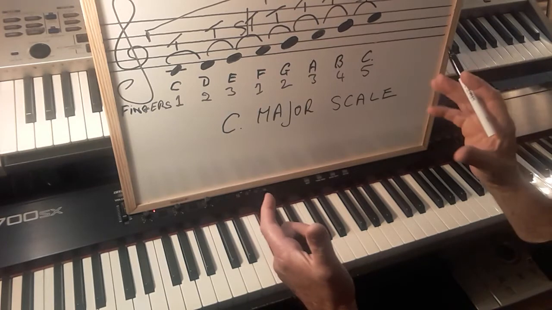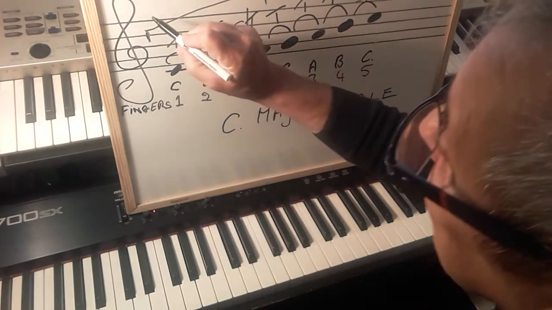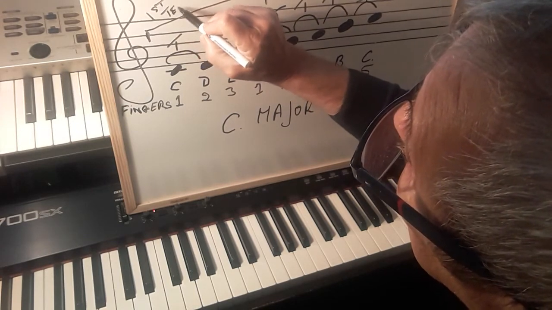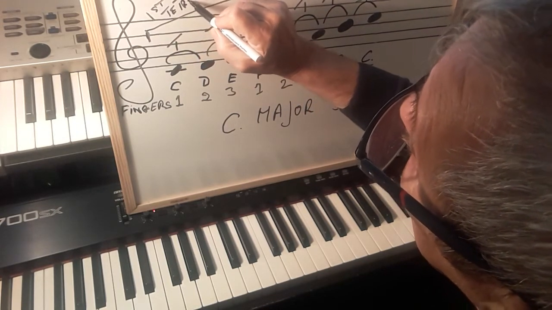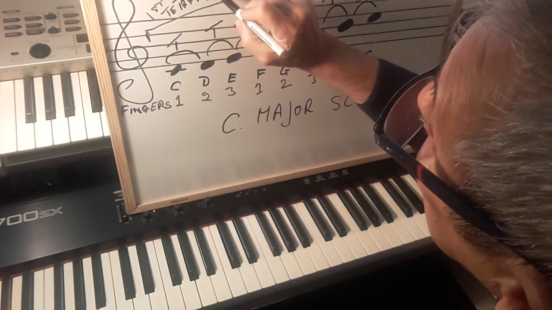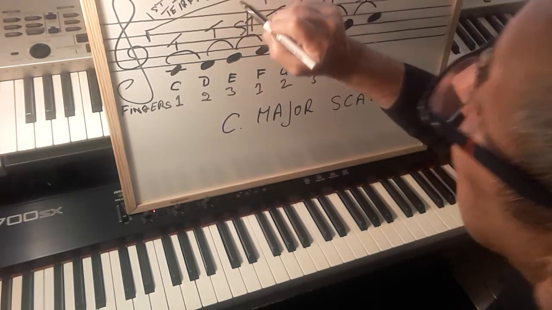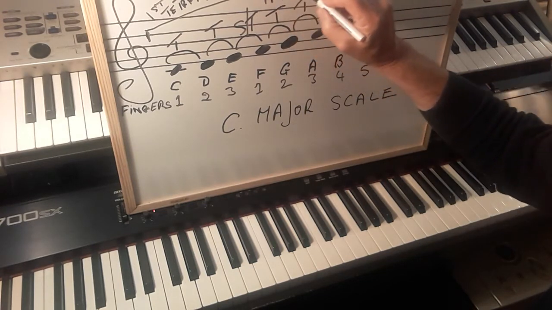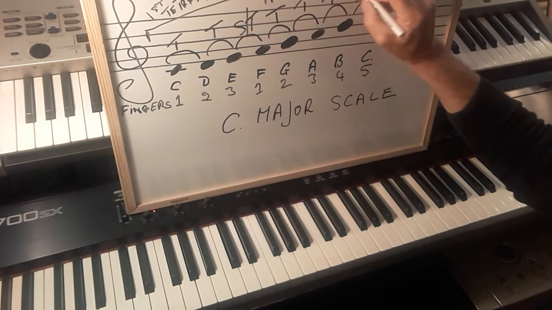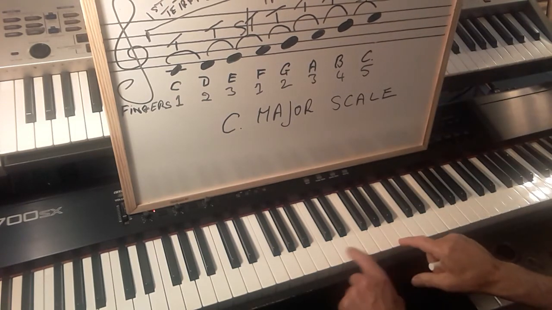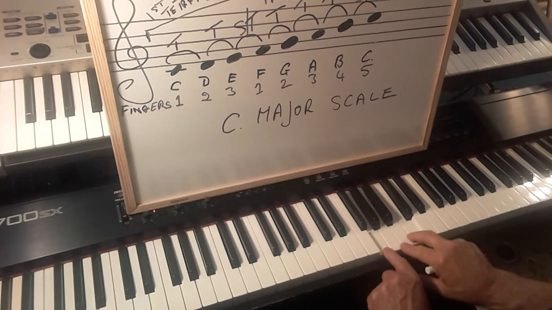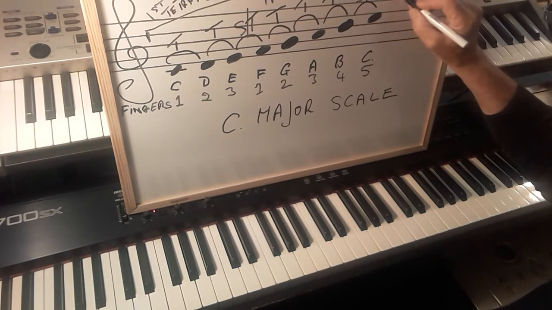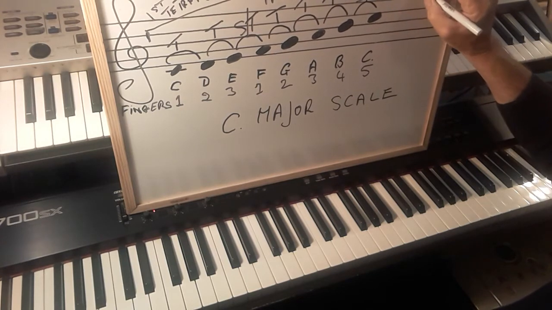So the C major scale is made up of 2 tetrachords, and this is your first tetrachord, you see that. And from here, midway, up to there, okay, from there to there, is your second tetrachord.